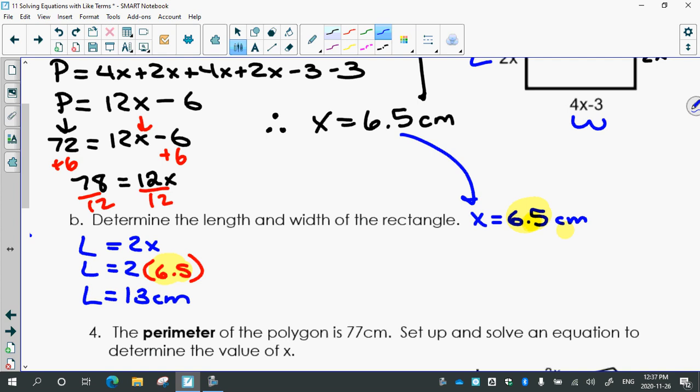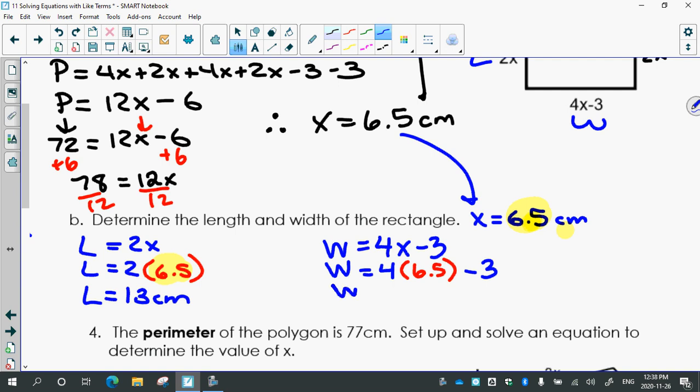And our width is 4x minus 3. So that's going to be 4, use brackets to replace x with 6.5. And don't forget the minus 3. And now we want to figure out what is 4 times 6.5 minus 3.